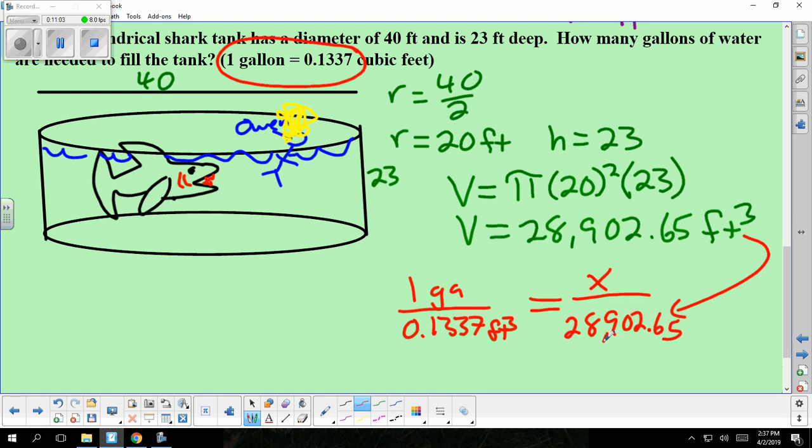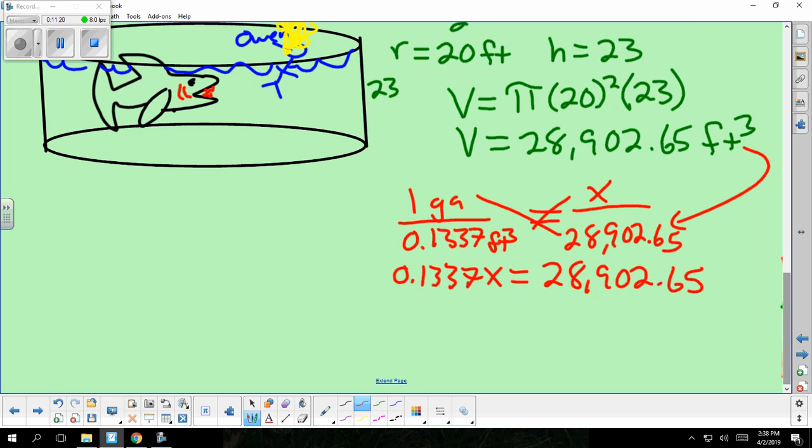So this is just a cross multiplication problem. So I get 0.1337x equals 28,902.65. And we can divide this up.